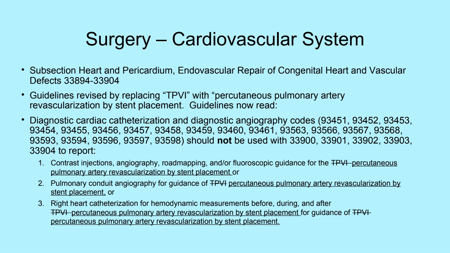The guidelines before the subsection endovascular repair give diagnostic catheterization, diagnostic angiography codes, and list the codes that should not be used with these codes. In each of 1, 2, 3, TPVI is replaced by percutaneous pulmonary artery revascularization by stent placement. So it's defining the term rather than just having initials, which is good.